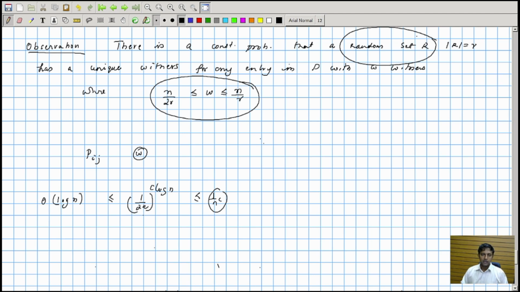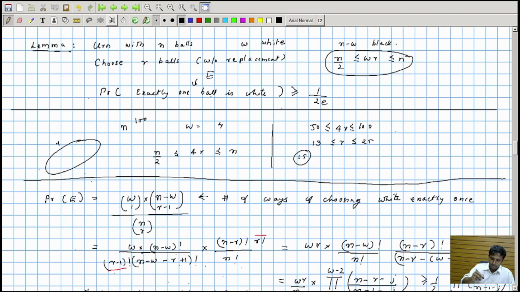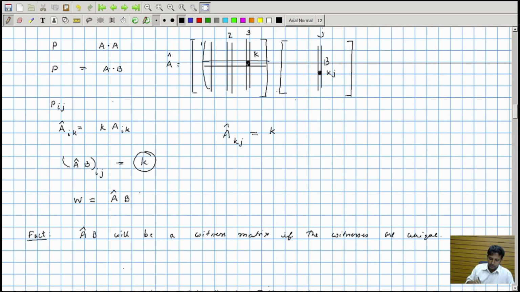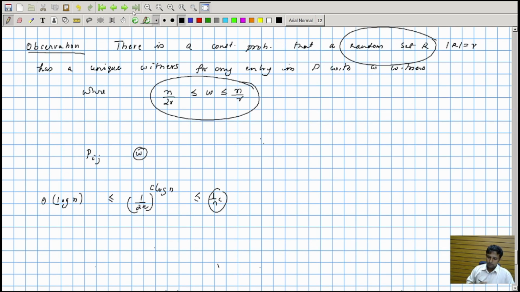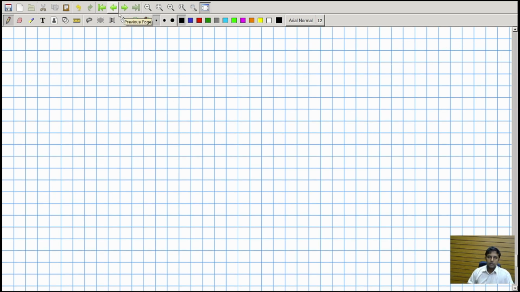And if there is a unique witness, our earlier observation will tell us that the unique witness can be identified by computing A tilde B. So what we have achieved so far is, if there is a unique witness, we can identify that. Even if there are multiple witnesses, all those multiple witnesses can be identified. Amongst the multiple witnesses, one witness can be identified by randomly choosing subsets of 1 to n.